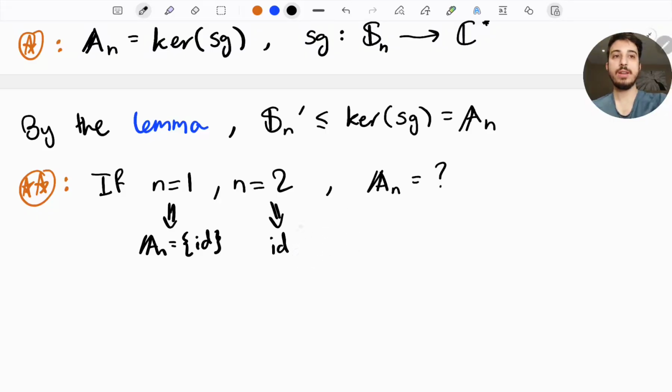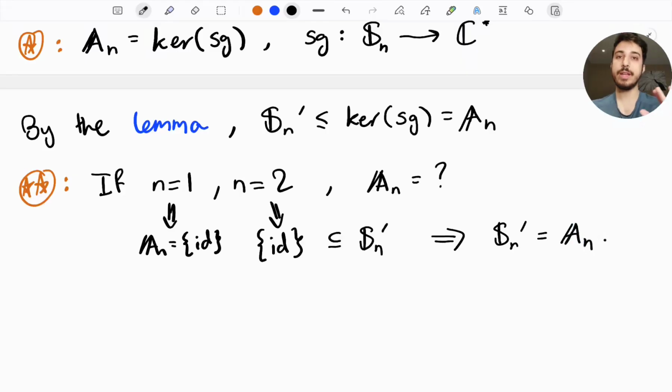Therefore, An is also going to be equal to the set containing the identity for both n equal 1 and n equal 2. And of course, this subgroup containing the identity is included in Sn prime, because Sn prime is a subgroup after all. So we have that Sn prime is equal to An for n equal to 1 and n equal to 2. Very trivial and very clear.